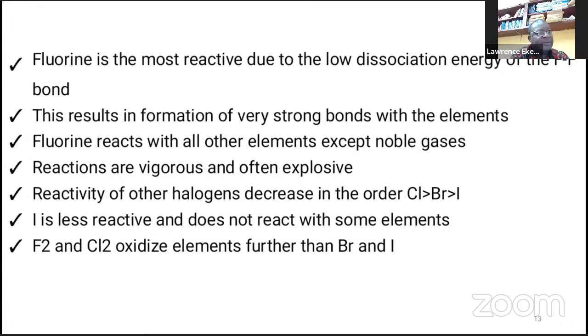So fluorine is the most reactive and iodine is less reactive, and in most cases it does not react with some elements. Fluorine and chlorine oxidize elements further than bromine and iodine. We've explained all that.